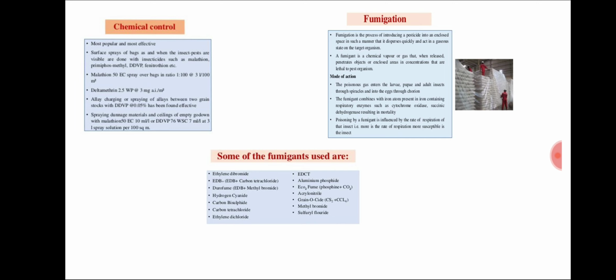A fumigant is a chemical vapor or gas that, when released, penetrates objects or enclosed areas in concentrations that are lethal to the pest organism. Many fumigants are used, including ethylene dibromide (EDB), hydrogen cyanide, carbon bisulfide, etc.